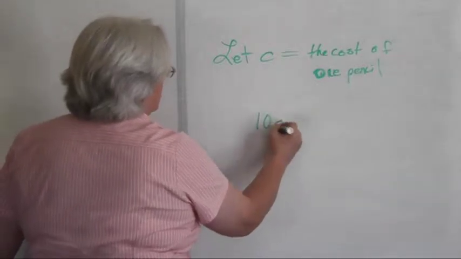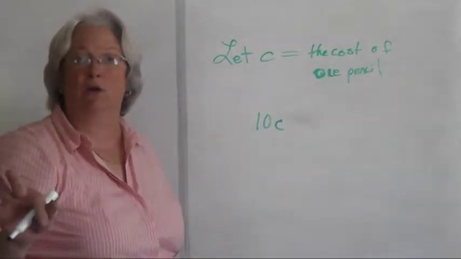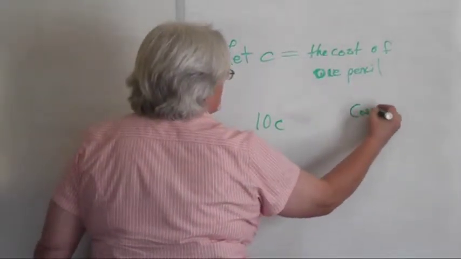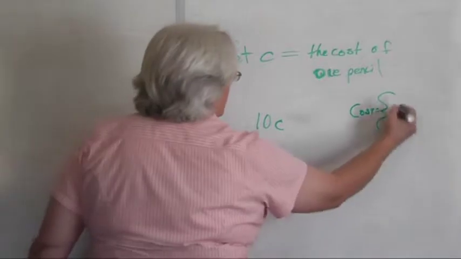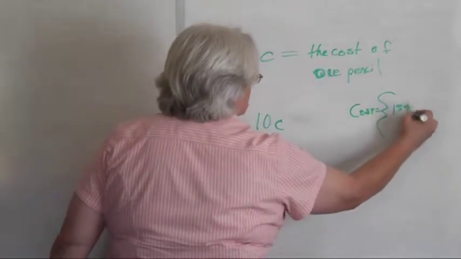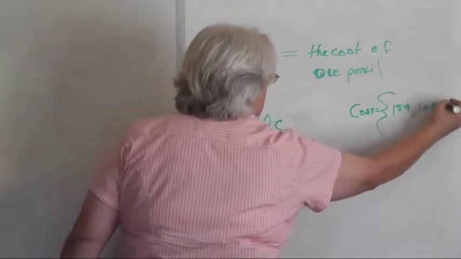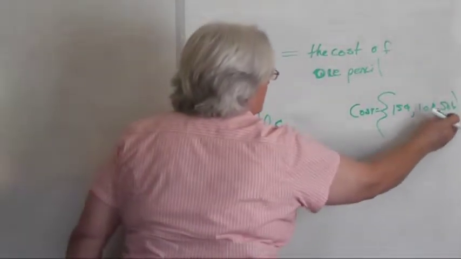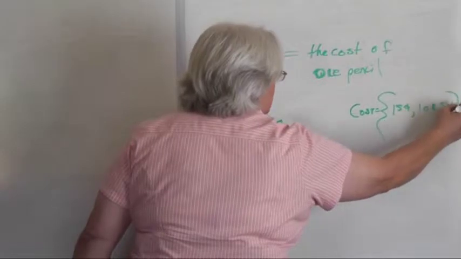Now let's say that we have 3 different stores we can go to where we buy these pencils. And here we have the cost, which is going to be our domain. They're 15 cents at one place, 10 cents at another place, 50 cents at another place, and that is just horrific writing, but you understand what I'm talking about.